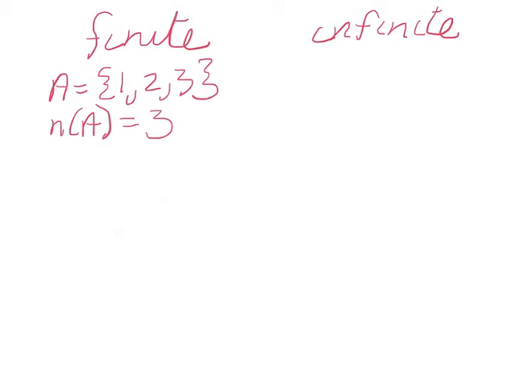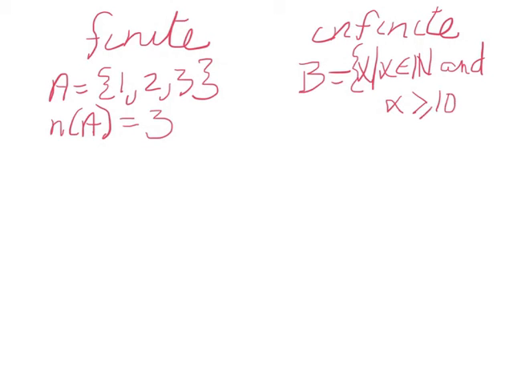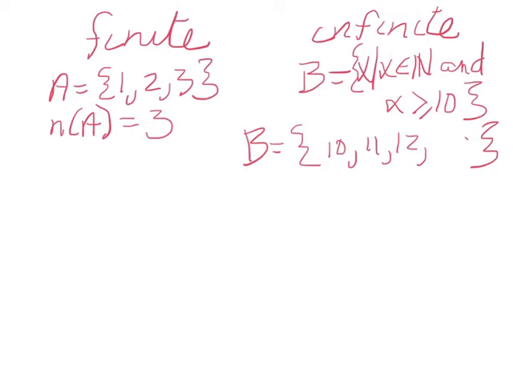However, if I said set B was equal to the set of all x, such that x was a natural number, and x was greater than or equal to 10, well then if I start to list that roster, that would start at 10, 11, 12, and then it'd be an ellipsis going on and on forever like that.